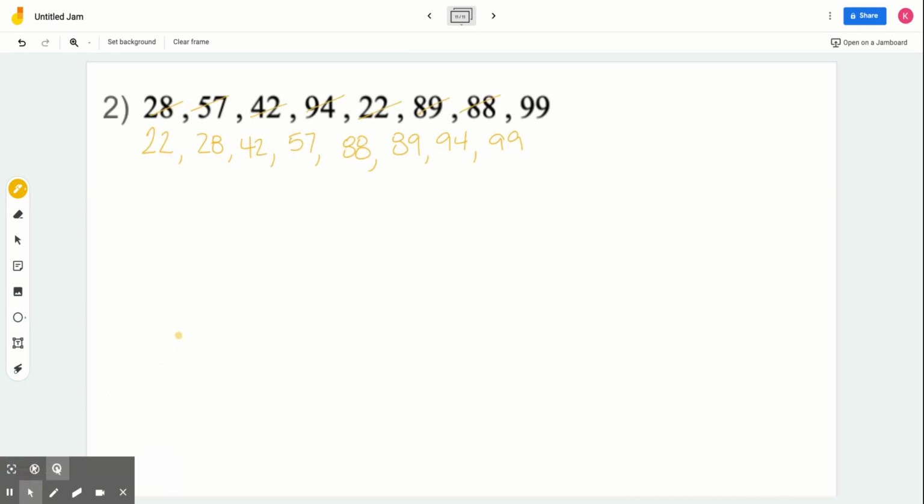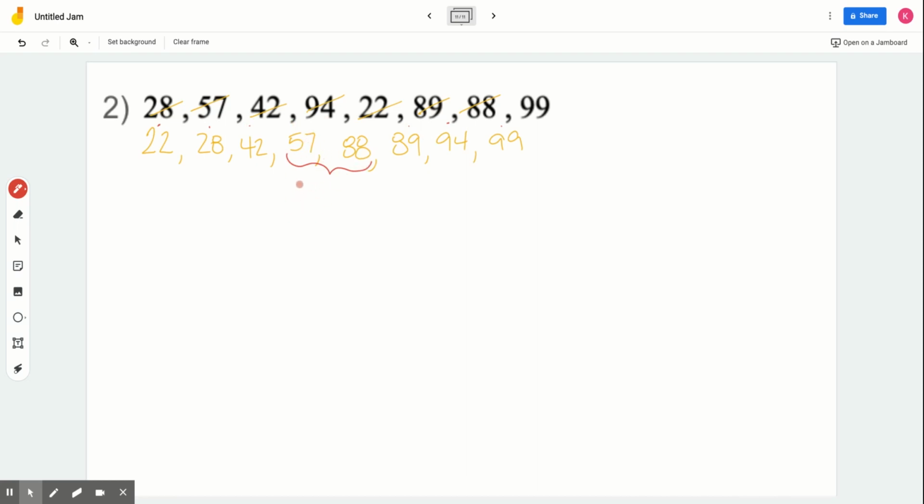Now that we've listed them in order from least to greatest, we need to find the median. So the median will give us quartile 2. So remember, we can kind of mark off 1 on each side until we get to the middle. We have 2 numbers in the middle, so we have to find the mean or the average of those 2 numbers.